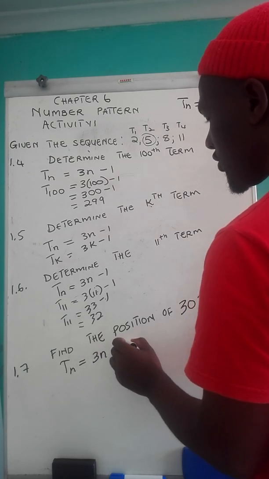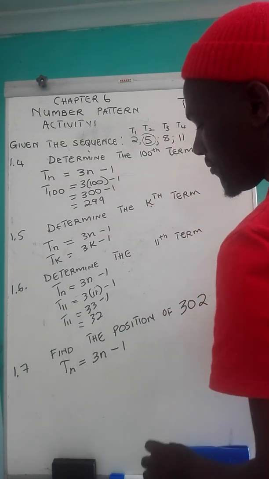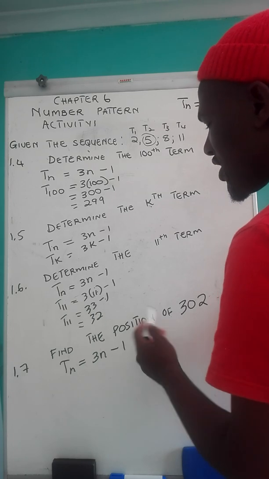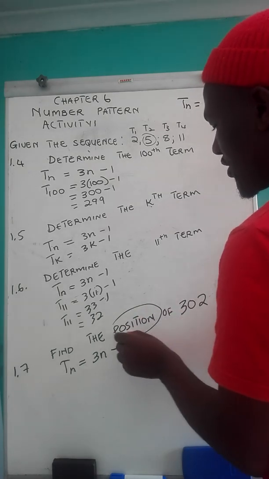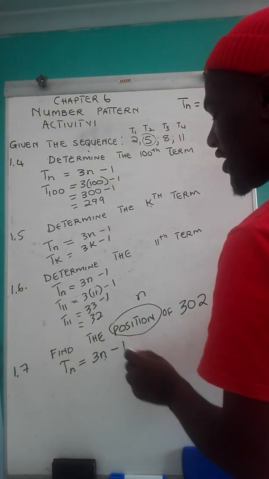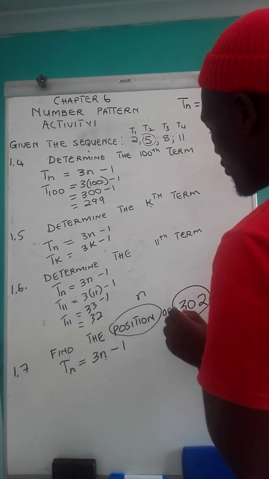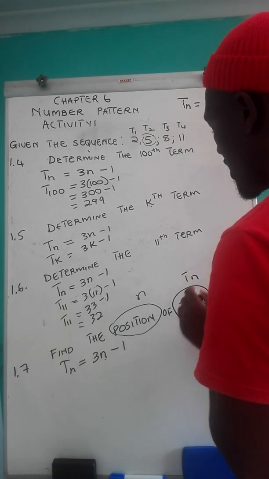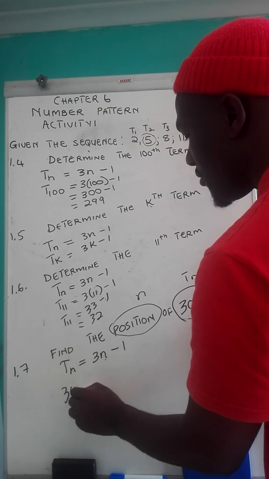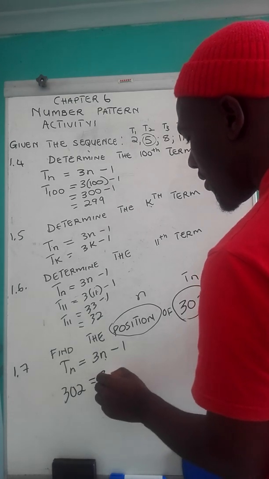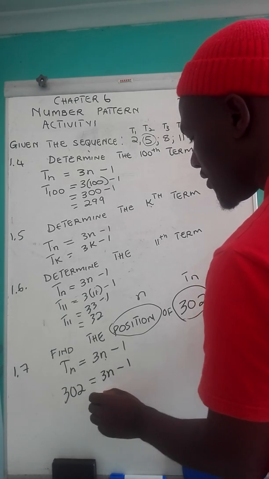It's 3n minus 1. That is your general formula. Then you need a position. If they want the position, they refer to n, they say find n. Now, this 302 becomes Tn. So 302 is 3n minus 1.